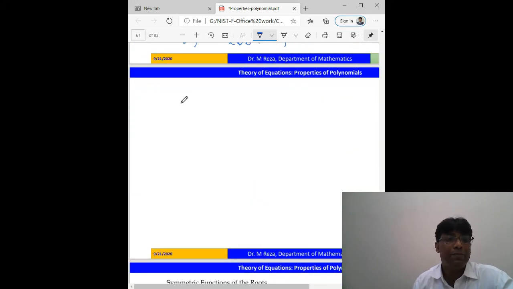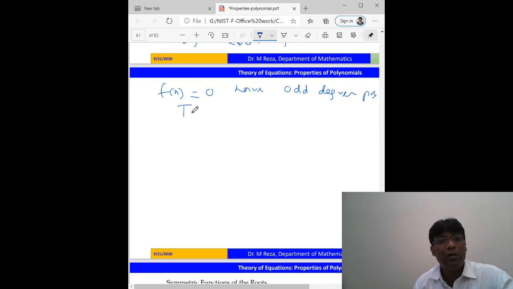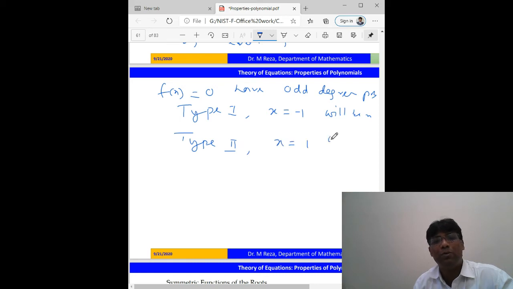First, if the polynomial f(x) equal to 0 is of odd degree: for type 1, x equal to minus 1 will be a root. For type 2, x equal to 1 will be a root.